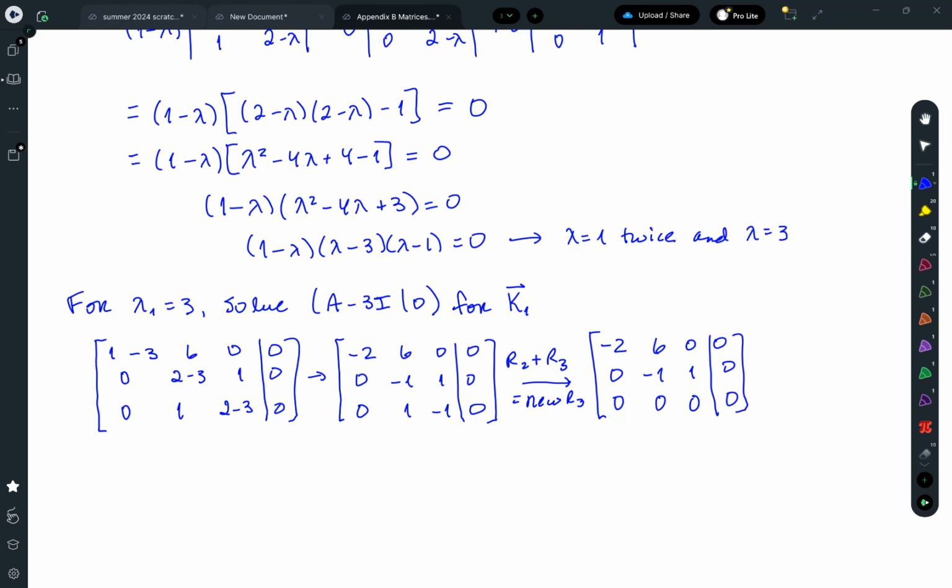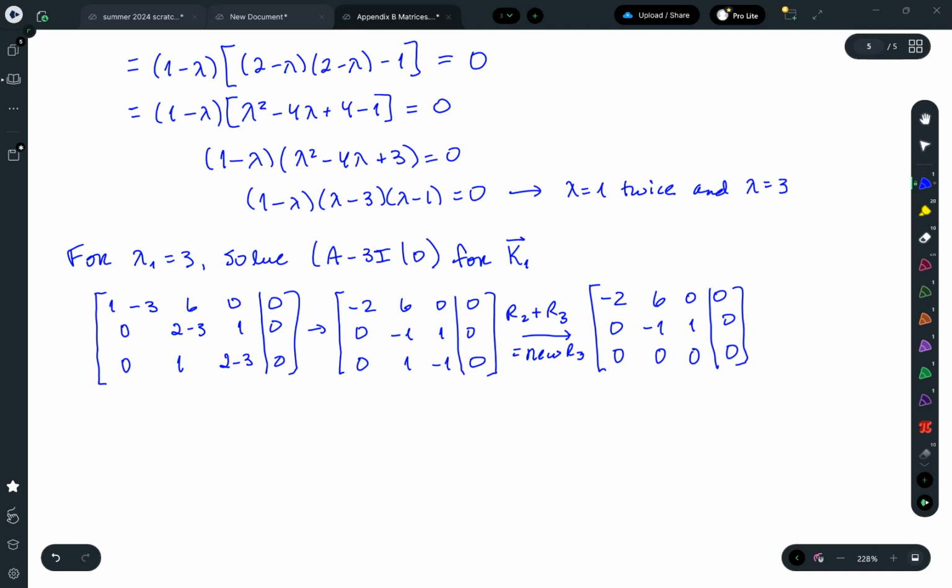Let's translate what this says, okay? I'm going to start with row 3. Remember, we're solving for a k vector, so the third component of the k vector, we'll call it k3. 0 times k3 is 0.